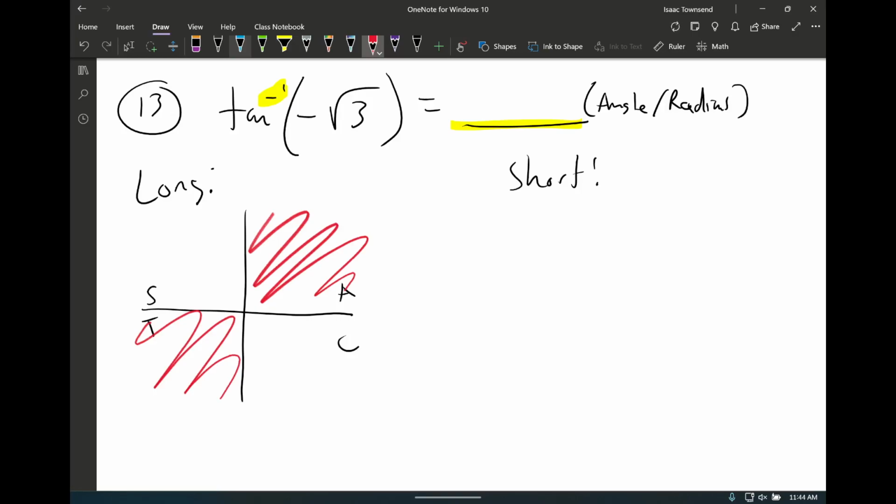Then if you don't have these other spots memorized, you might pick a spot in the middle, do sine divided by cosine, because that's how we do tangent, and you would get -1, which is not what you want. Then you could try something else, like maybe right here, and you would get negative square root of 3 over 3, which is also not what I want for this question. And then finally you could pick this spot, and when you do sine divided by cosine here, you get what you want.